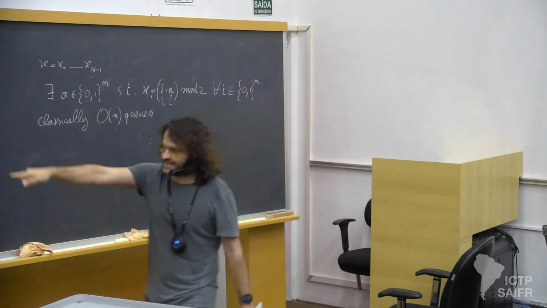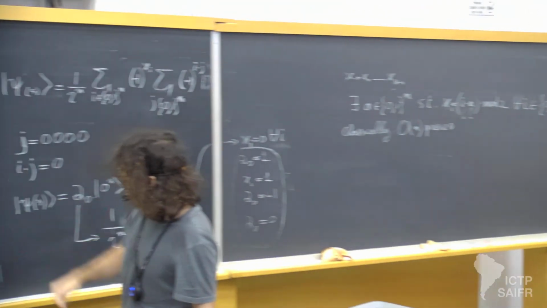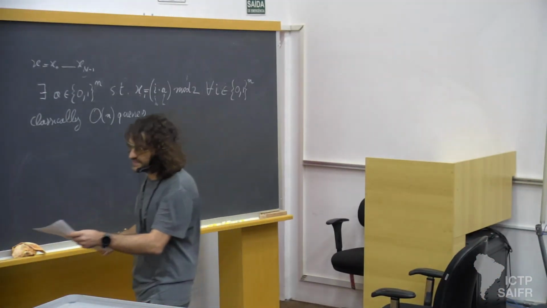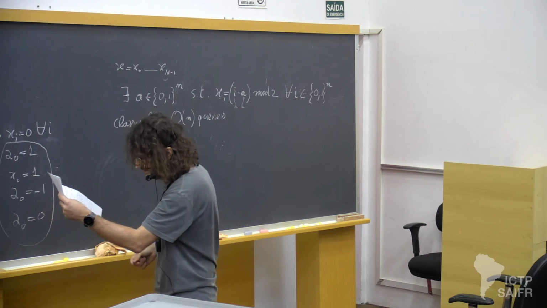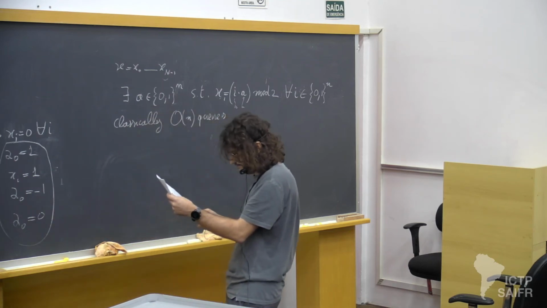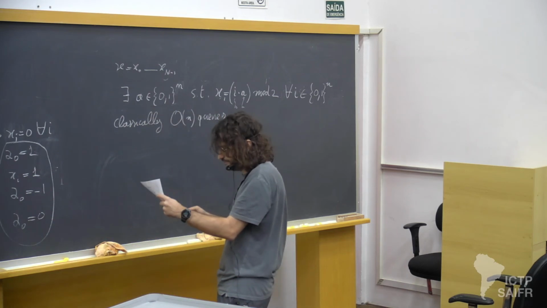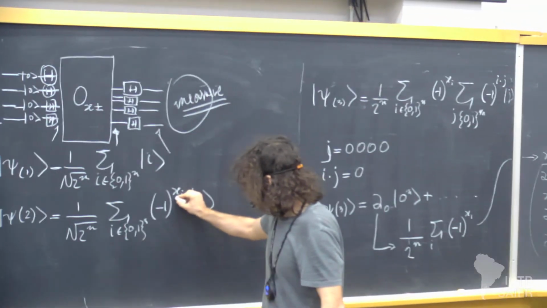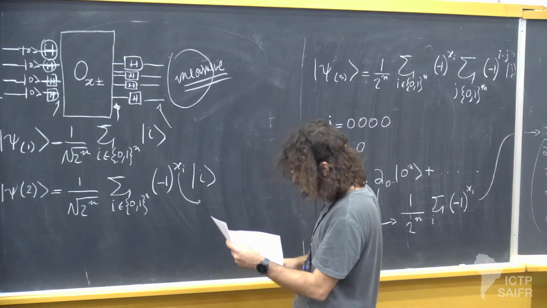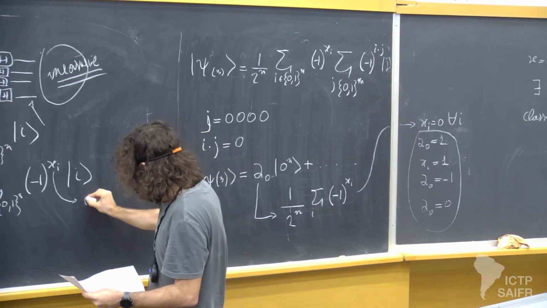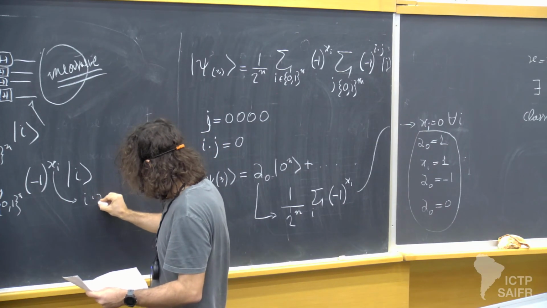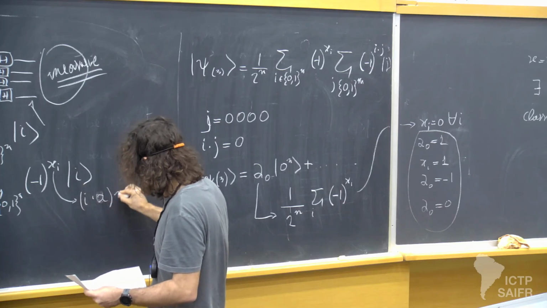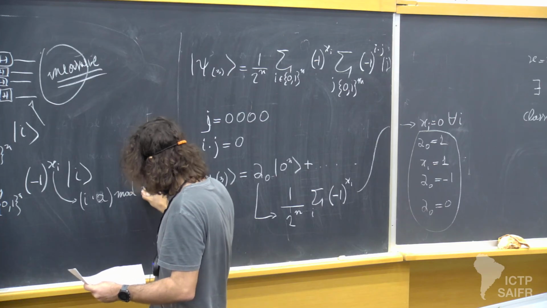Now, let's use exactly the same here. And when we arrive at psi 2, right? We have to take this guy and replace. And this guy, by construction, is equal to I scalar product A mod 2.